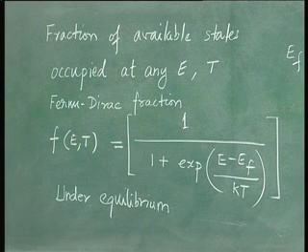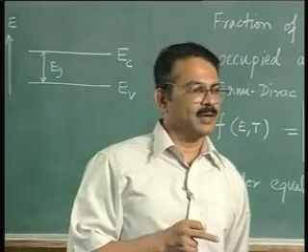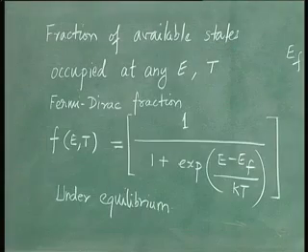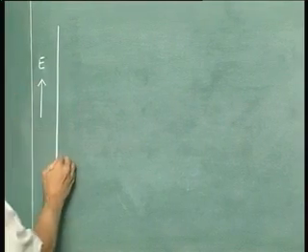It is useful to see how this fraction looks when you plot. Again, when we plot, we will choose the energy on the y axis and the function on the x axis. So this is energy and this is the function.